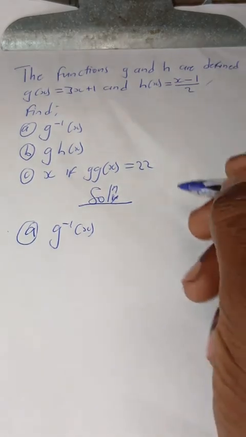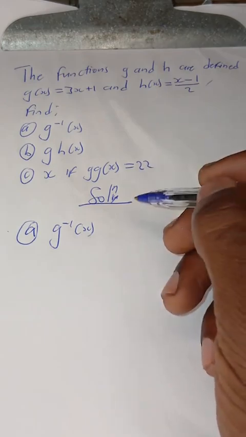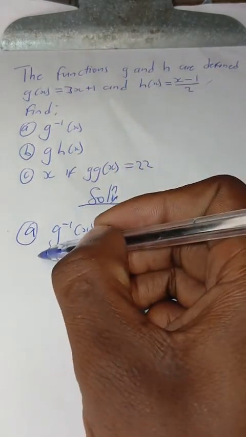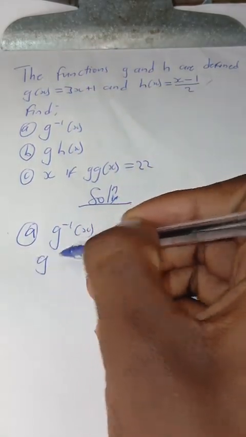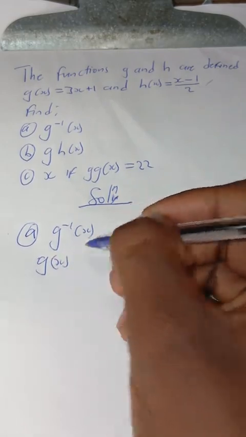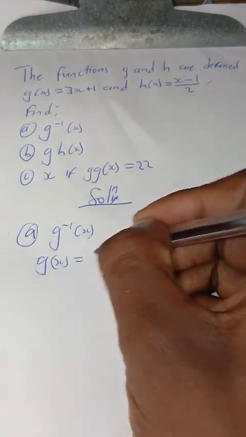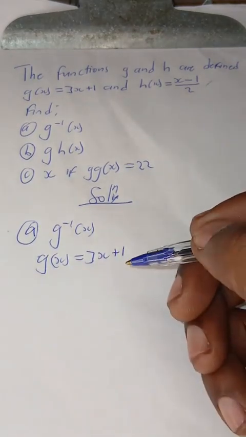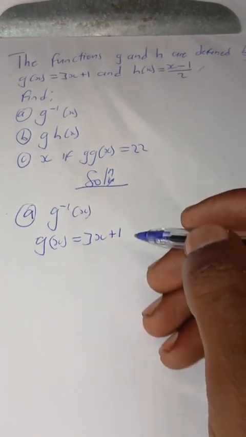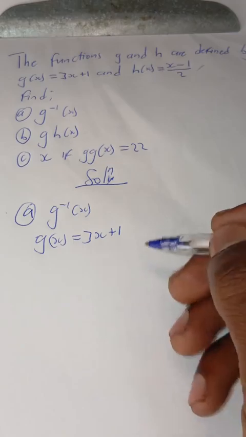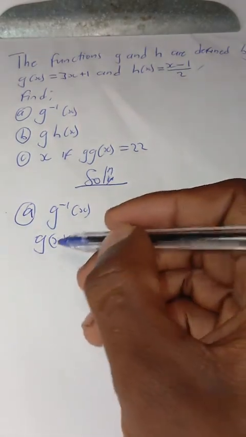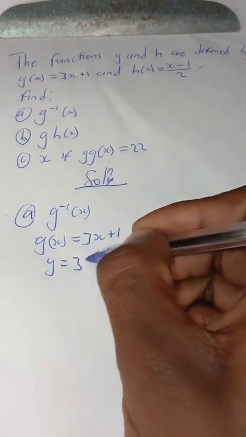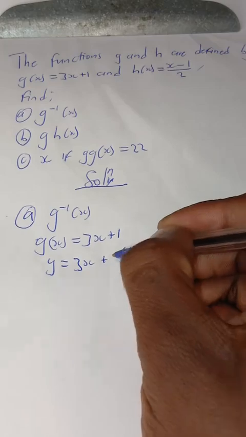As we said earlier on, the original function of g is this one. So we are going to rewrite the function g of x is equal to 3x plus 1. Then we introduce y is equal to 3x plus 1.